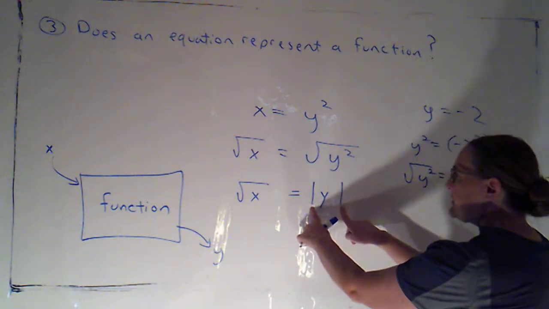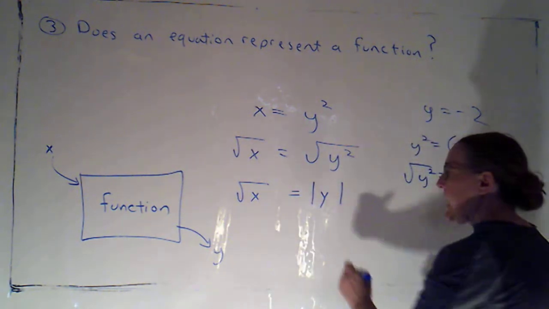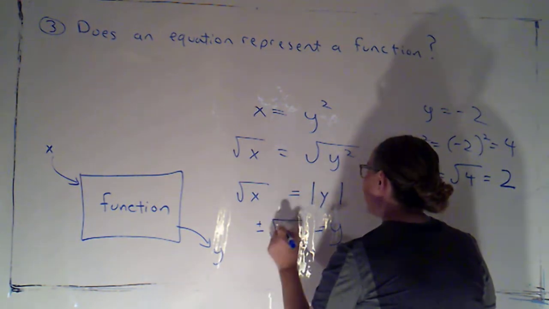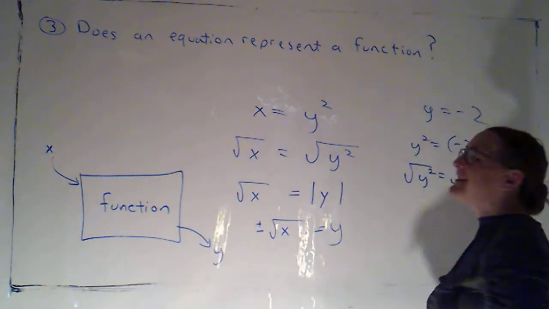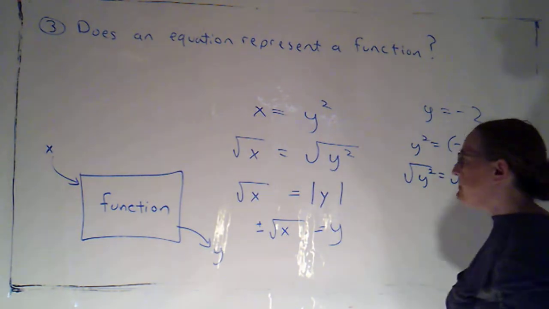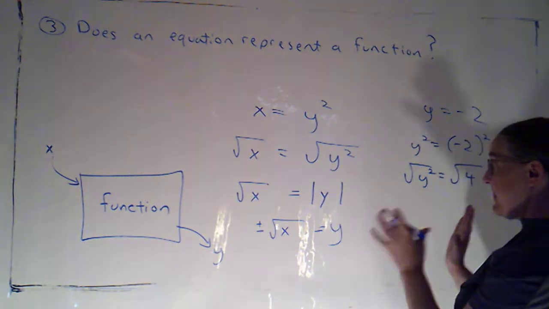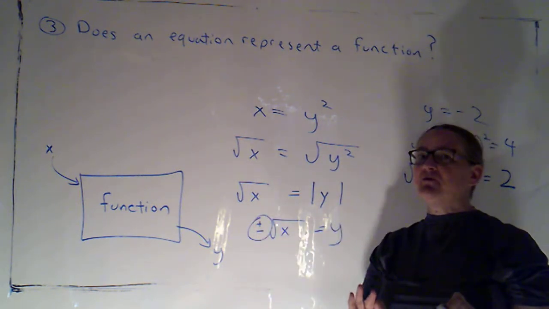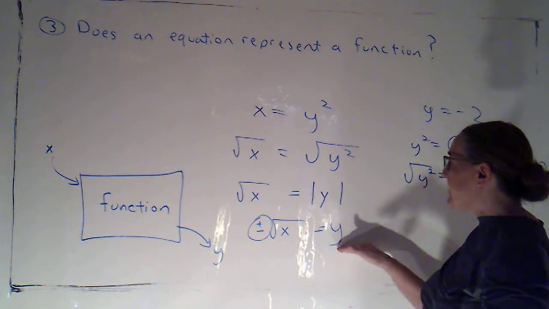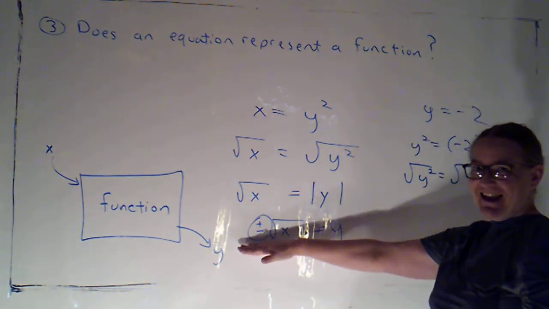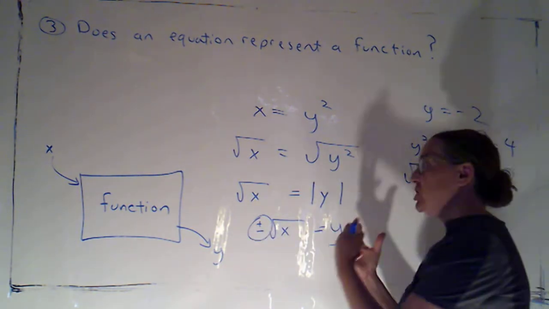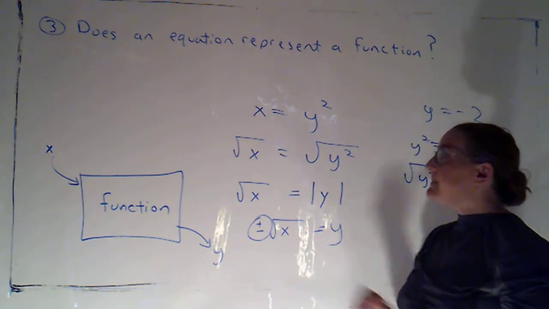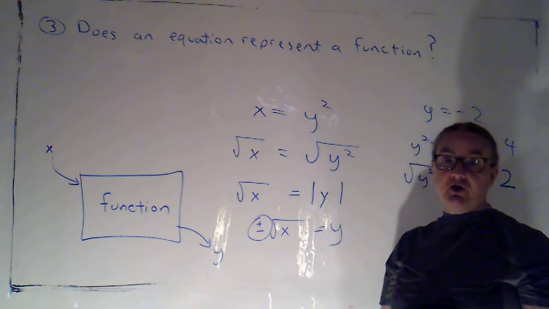So if the absolute value of y is the square root of x, y would be plus or minus the square root of x. There are two options. So that tells me, oh, that's two different options. That's not a unique answer, because that's not y by itself equaling one formula. That's y by itself equaling two formulas. There are two options for what y could be, so this is not going to be a function.